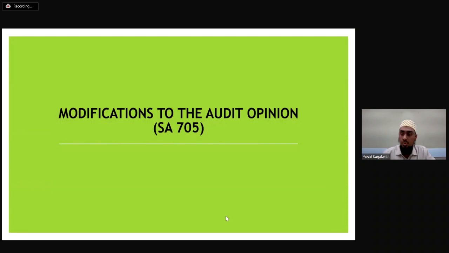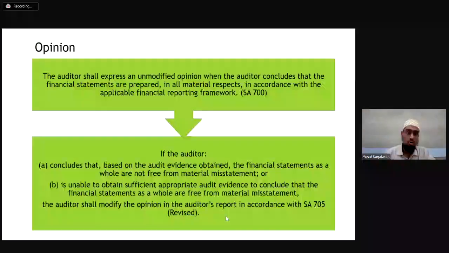When we talk about SA 705, the normal audit opinion which Alim took us across was SA 700, when the auditor is giving an unmodified opinion and concludes that the financial statements are prepared in all material respects in accordance with the applicable financial reporting framework. Now this is a clean opinion. There are no issues, nothing. Now, how is there a modified opinion? The modified opinion may be because of two reasons.